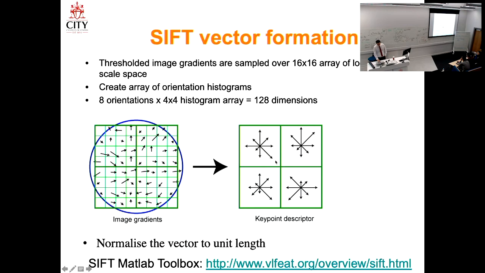So once you have this keypoint descriptor, you have a 128 dimension vector from your image. You may end up with 500 SIFT features, you may end up with 200, you may end up with 10, or you may end up with 1,000. It depends on your image. If you have more corners in that image, more features that are distinctive, and depending on the resolution, you will extract a different number of SIFT features.